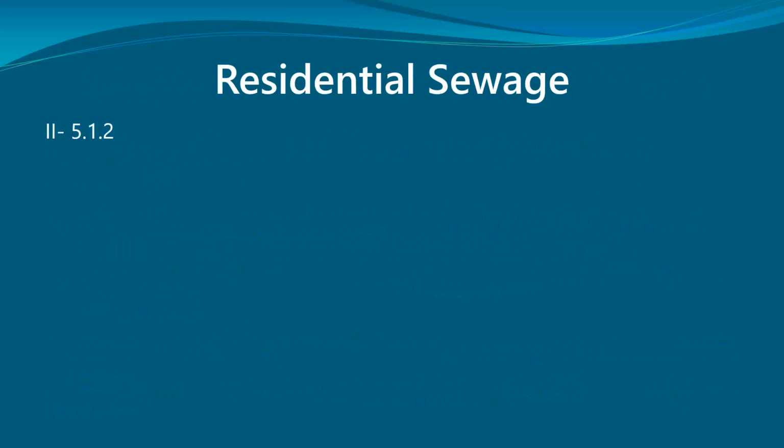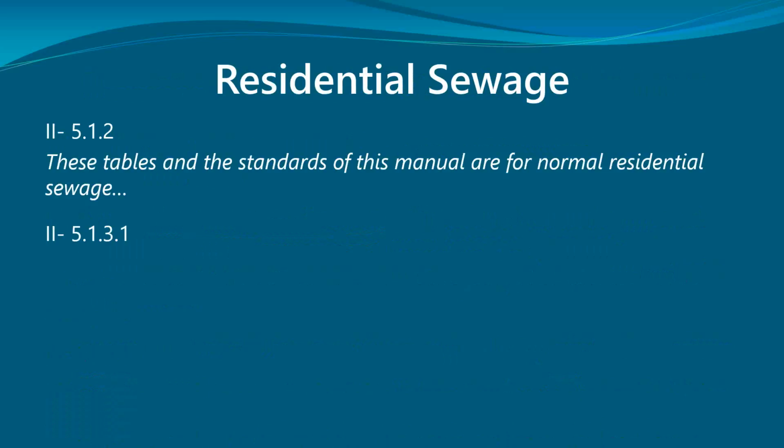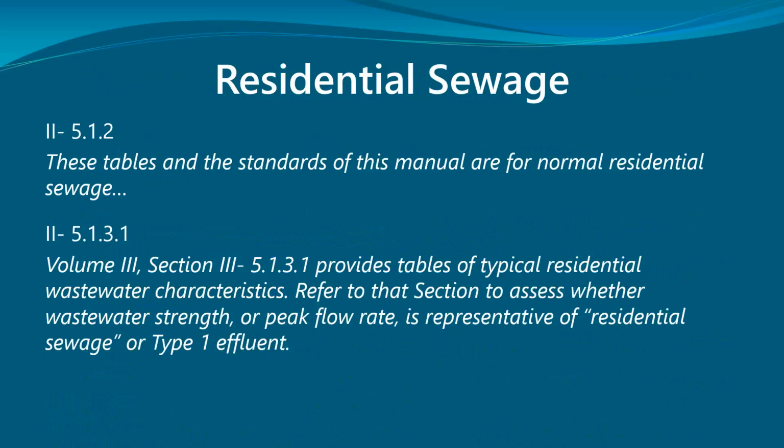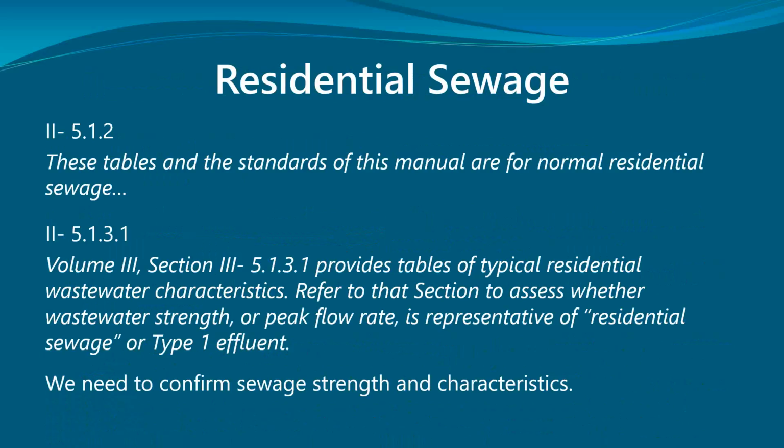And next point, residential sewage. Maintenance providers need to understand that the tables and so on are for normal residential sewage, not high strength sewage. And we have tables for that in volume 3, that section, and we need to confirm that sewage strength and characteristics meet that. It doesn't necessarily mean that you need to do lab sampling of sewage, but it means that if there's any indication that it might not be ordinary residential sewage, then you do need to do sampling.